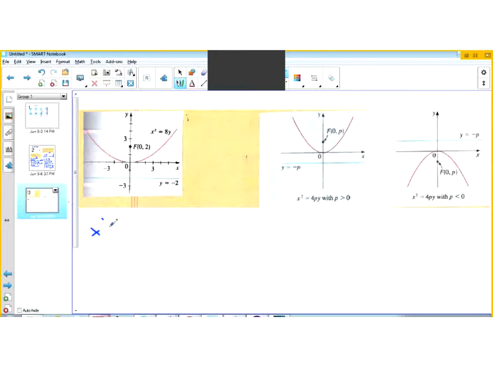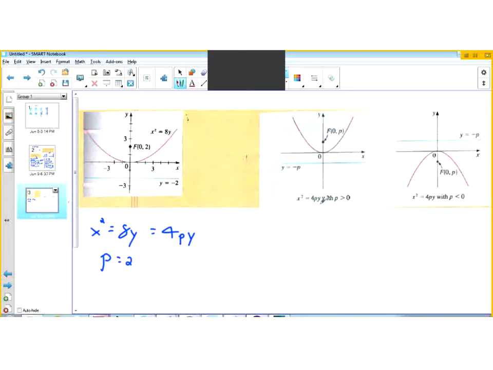That is equal to 4py, so solving for p, of course, p is equal to 2, which is greater than 0. So that means the parabola would open up. The focus would be at (0, 2), and the directrix would be y equals minus 2.